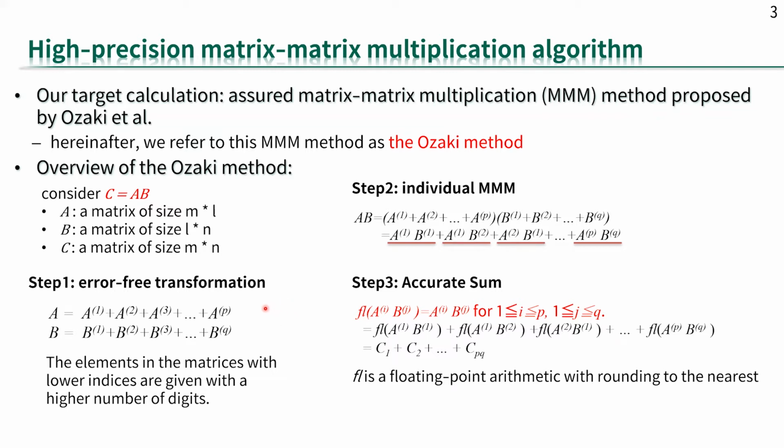The elements in the matrices with lower indexes are given with a higher number of digits. The second step is the individual matrix-matrix multiplication. The final step is the accurate summation. Each result of step 2 is summed up by the accurate sum algorithm.